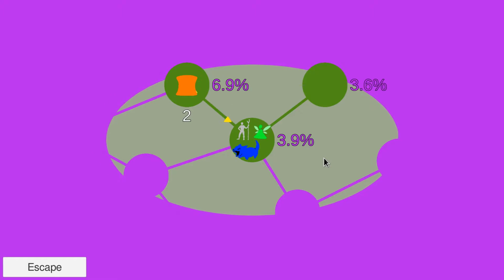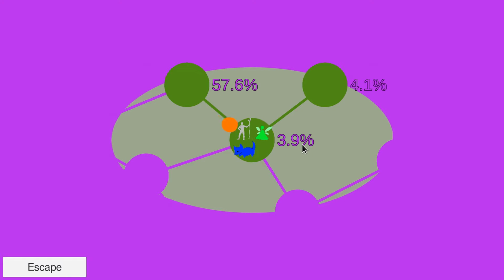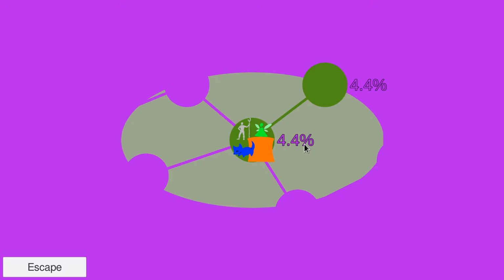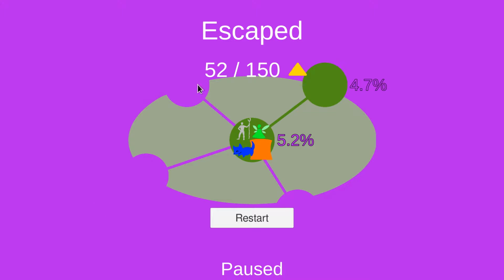I didn't have time to try to design a more exciting level. There we go. And it overflowed right away. And at that point you escape with all your friends intact. And 52 out of 150 cities. Not the best outcome.